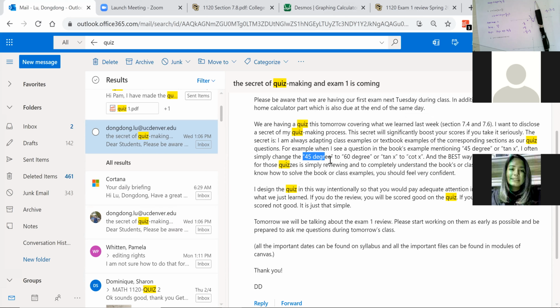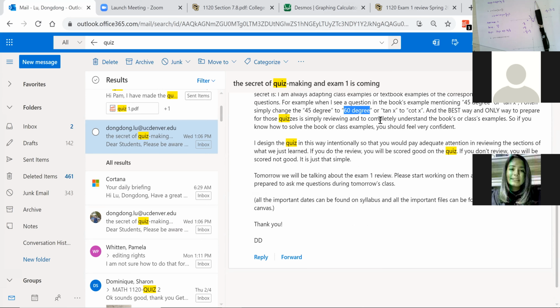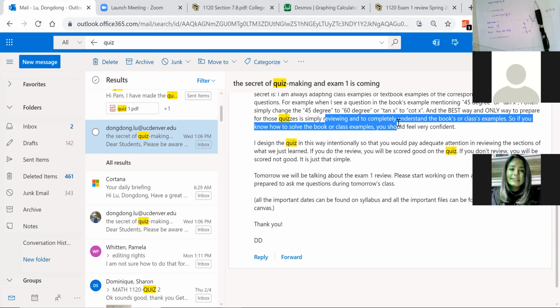If I see 45 degree in the textbook, I may change it to 60 degree. If I see 60 degree, I may change it to 30 degree, and so on. I just make those adaptations. But the goal is to help you form a good habit of reviewing and completely understanding the book's examples.